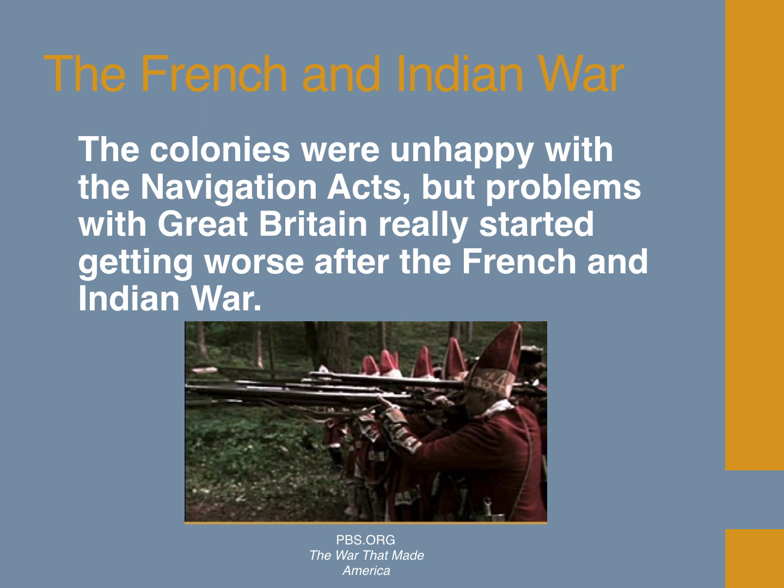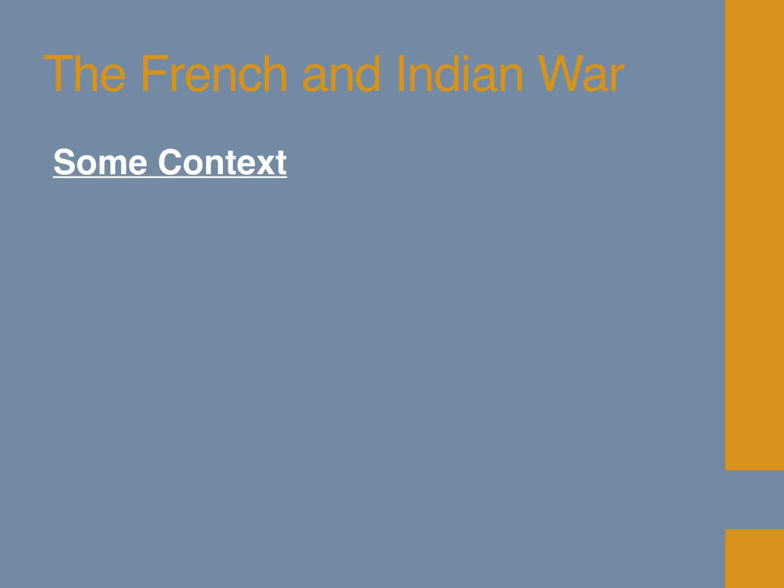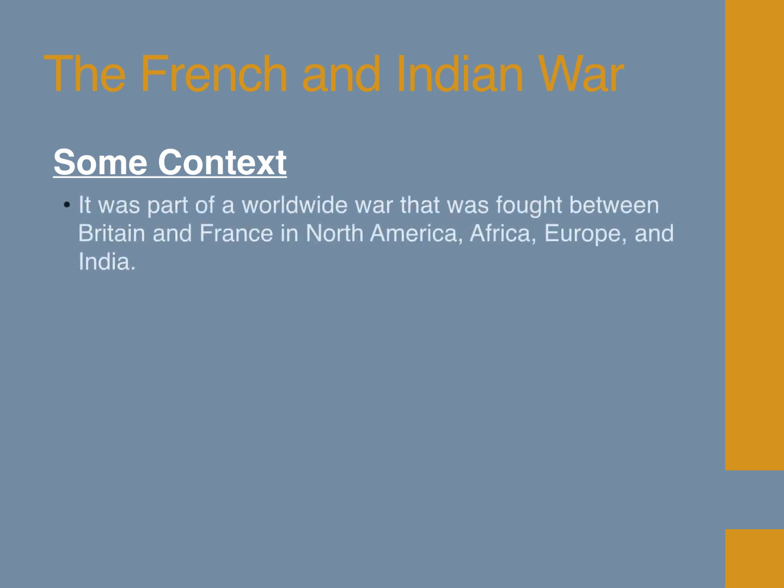So, first, we need to understand some context related to the French and Indian War. It is really just one part of a much bigger war that was going on. Britain and France were at war with each other, and fighting took place in North America, in Africa, Europe, and India.